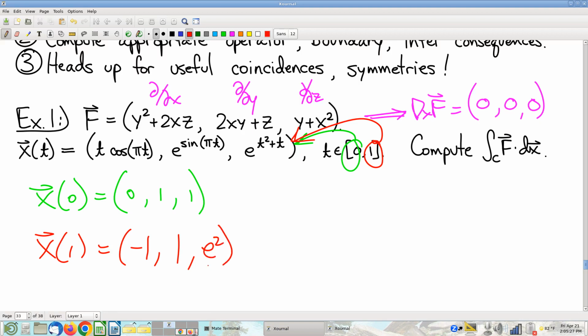Okay, what does this tell me? My curve starts and ends, apparently, at 2 different points, right? It starts at the green point, it ends at the red point. And what do I infer about this? This is not a closed curve. It's an open curve. This curve is not the boundary of any surface.